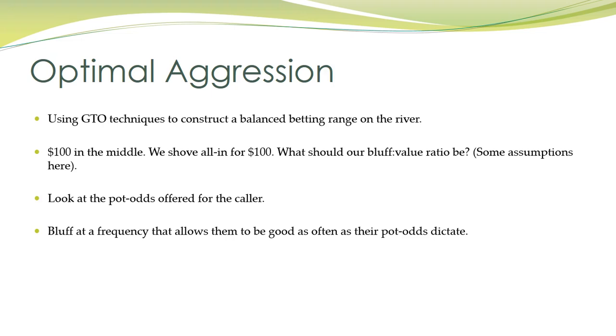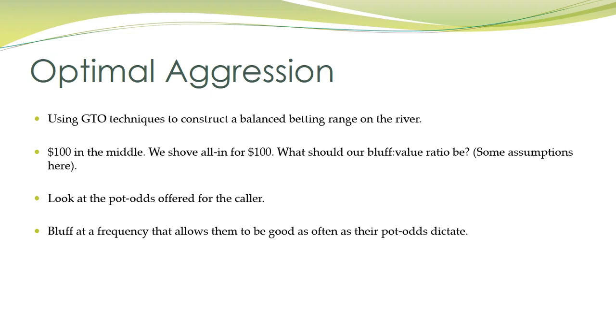Now, if the aggressor on the river was to bluff less than 33% of the time, the defender could generate an exploit against this. He could say, well, I'm not getting the right pot odds anymore because this player only bluffs 30% of the time, therefore I'm going to exploit him by folding all of my bluff catchers.